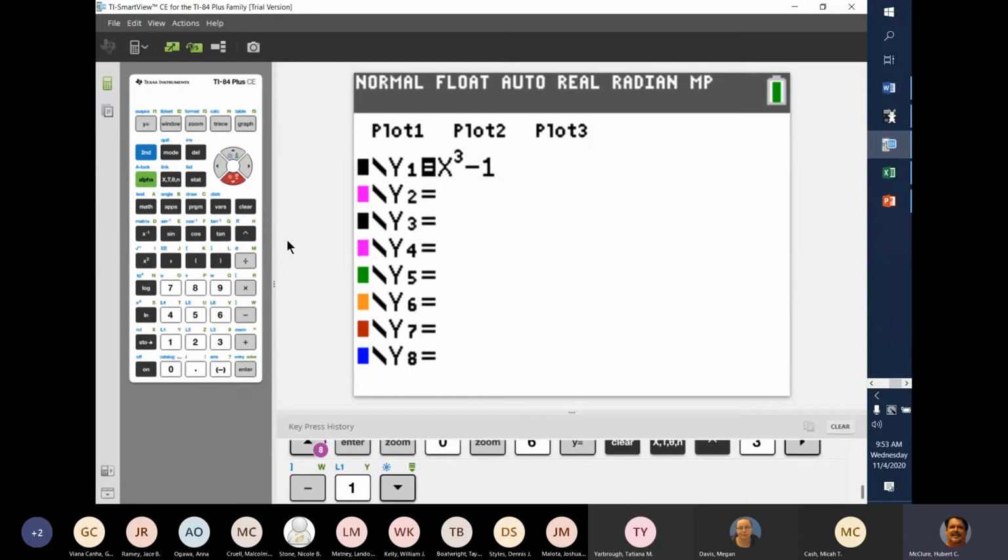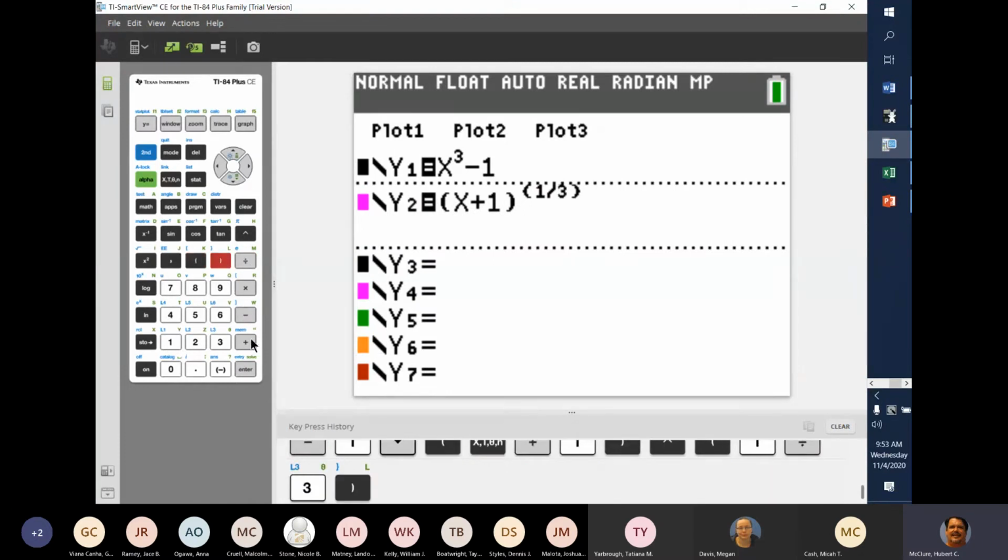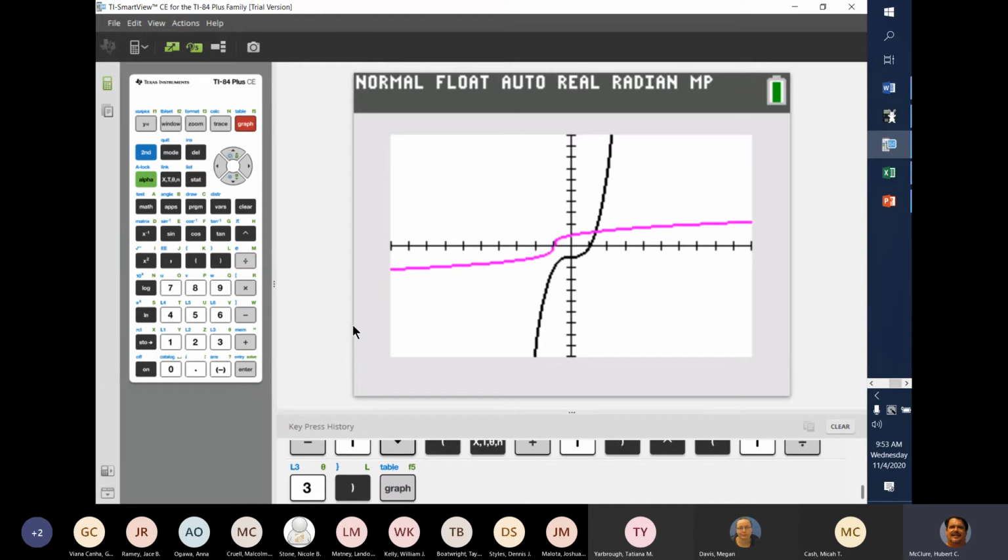And the second one will be in magenta. That's going to be cube root, so I'm going to raise it to the 1/3 power: open parentheses x plus 1, close parentheses, raised to the 1/3 power. And graph. And there you go.